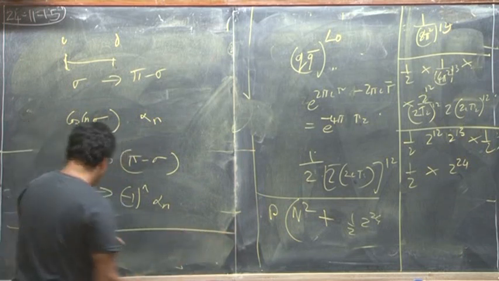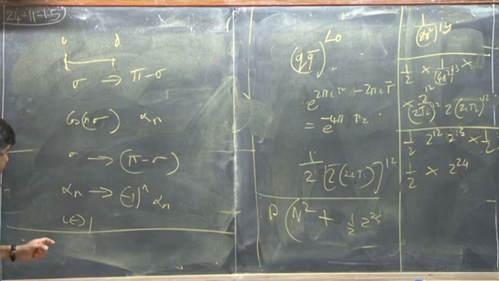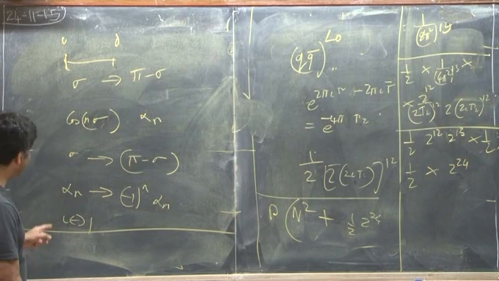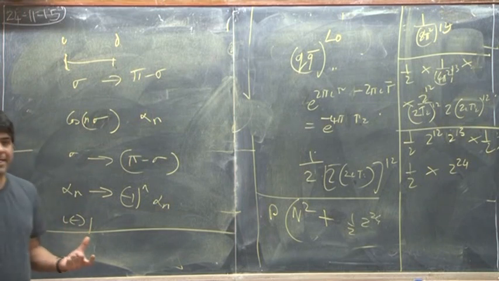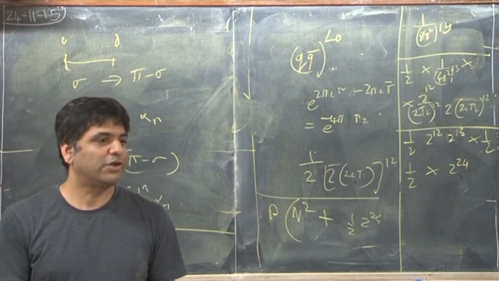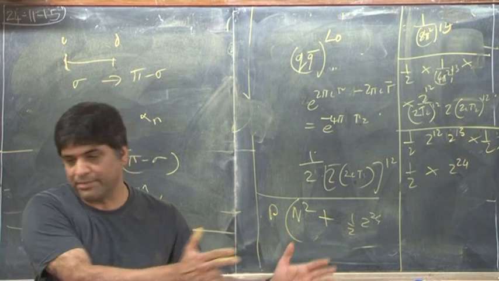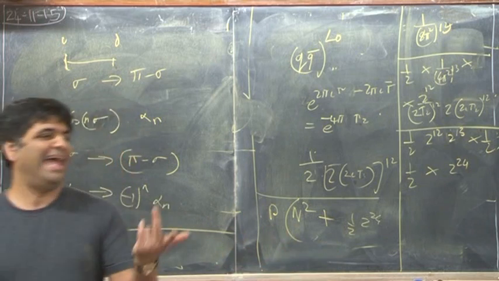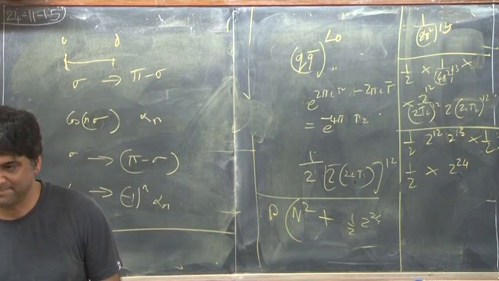Let's take 2 minutes to see what it means that a state is invariant under omega. So how do you make a state? You make a state by acting with a bunch of alphas, and if it has some ij structure.